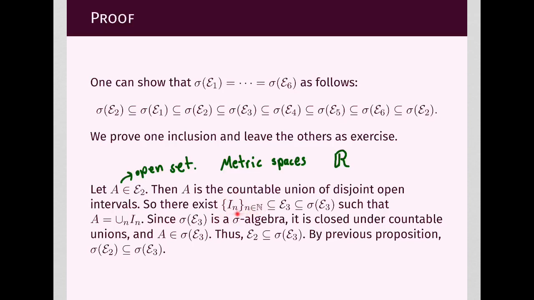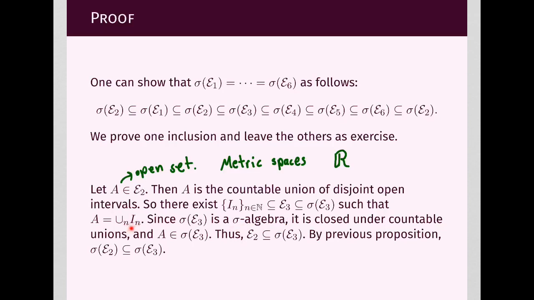And what does it mean to be open intervals? It means exactly that they belong to E3. E3 is the class of open intervals. And E3 is, of course, a subset of sigma of E3. So all these little intervals are in sigma of E3. But then A is the union of these intervals, and sigma of E3 is a sigma algebra.